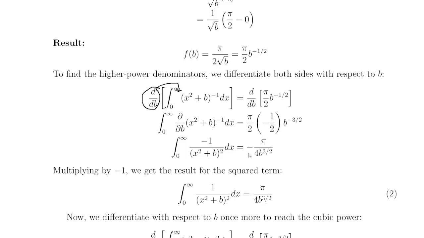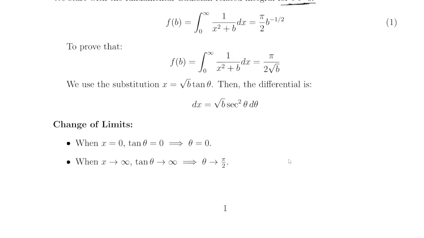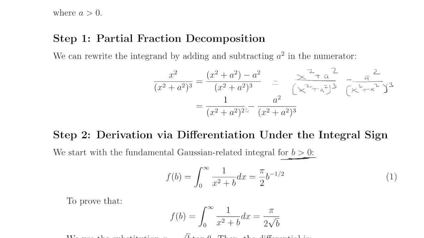But notice that we wanted to have a positive 1 over (x squared plus b) squared. So we'll multiply both sides by the negative to cancel it out. So the integral of 1 over (x squared plus b) squared is pi over 4 times b raised to the negative 3/2 power. So that takes care of this integral. Now we need to focus on this side.